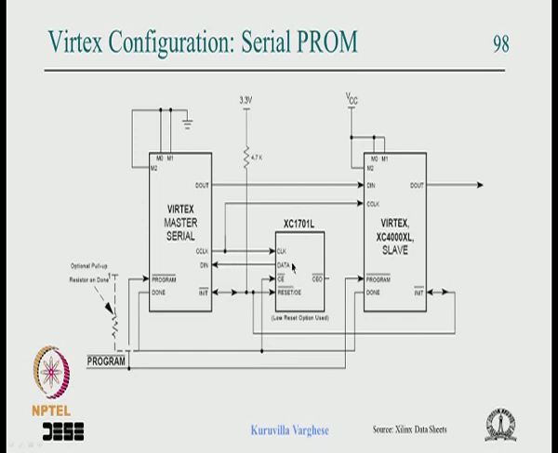And the key can be very specific to the device. That means if a company is making, say, 10,000 devices, each of the 10,000 will have separate keys, not the same key. So that way it can be very well protected. So that is available in the current FPGAs.